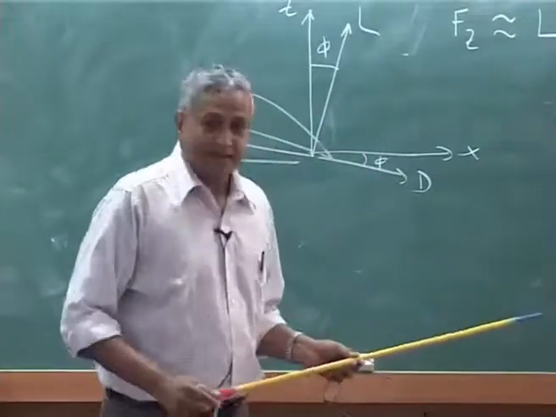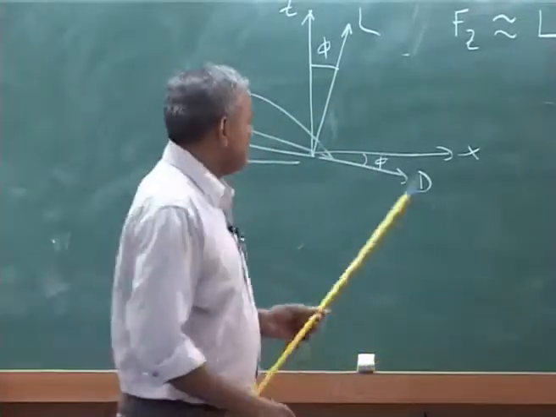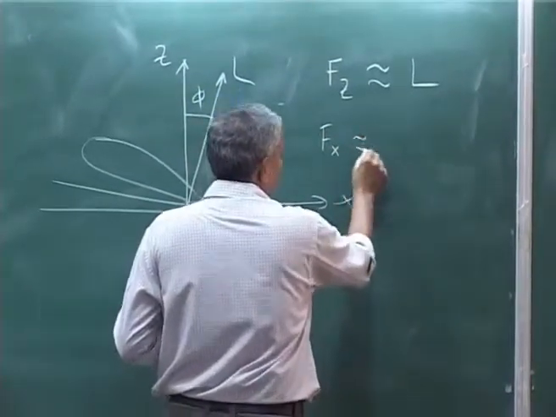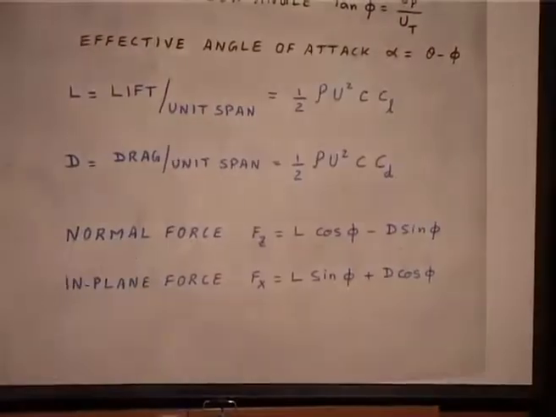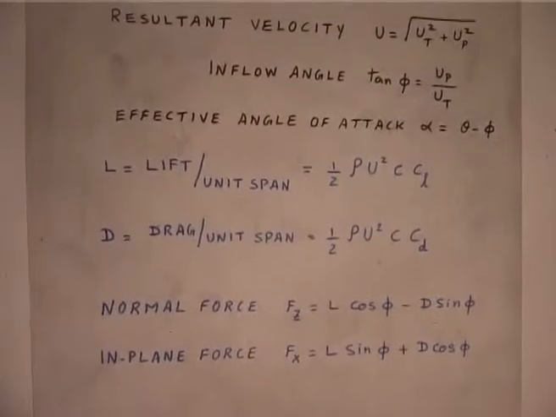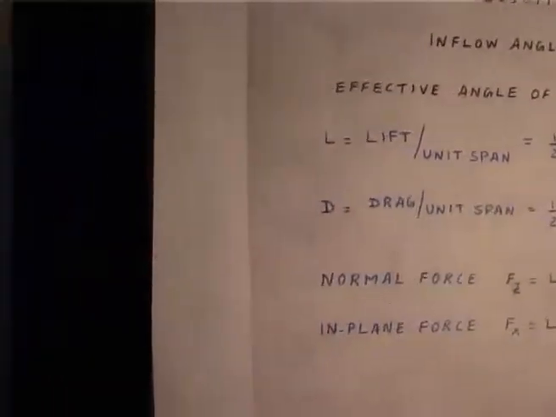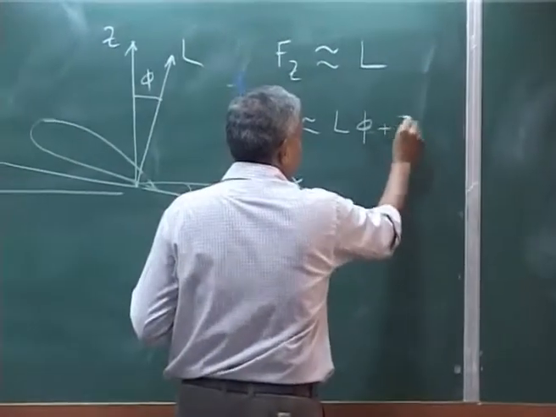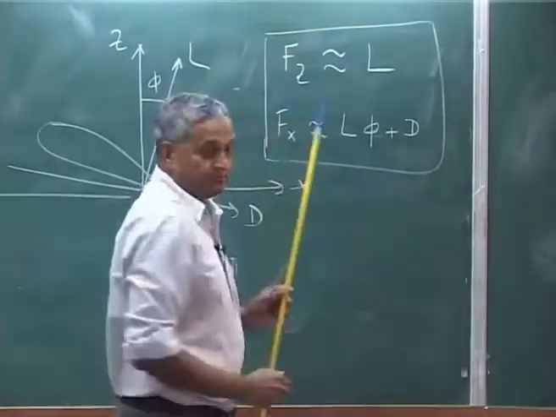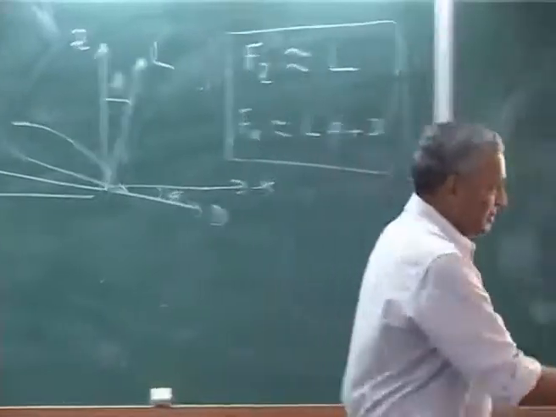But in the case of the in-plane force, Fx, I can't neglect lift; lift is large, phi is small. So, I am going to write it as L phi plus D, because phi is small.